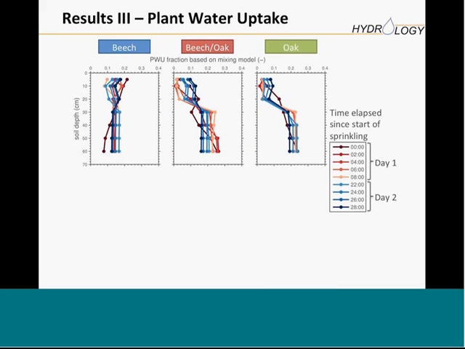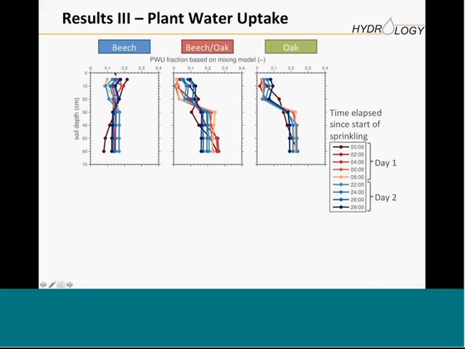But now what's maybe more interesting, because this is where we can really link the information from the plants and the soil. We now did the calculation of the plant water uptake fraction based on the mixing model, again for the different experiments or for the different tree species.